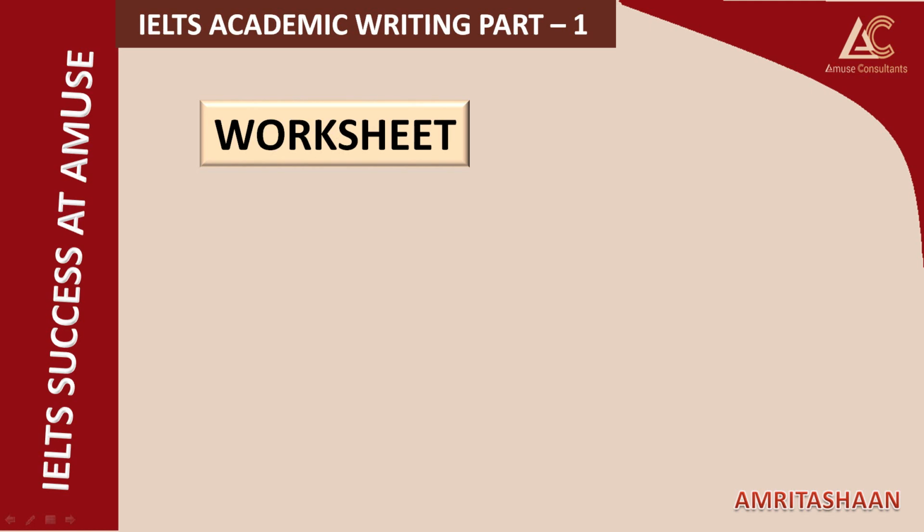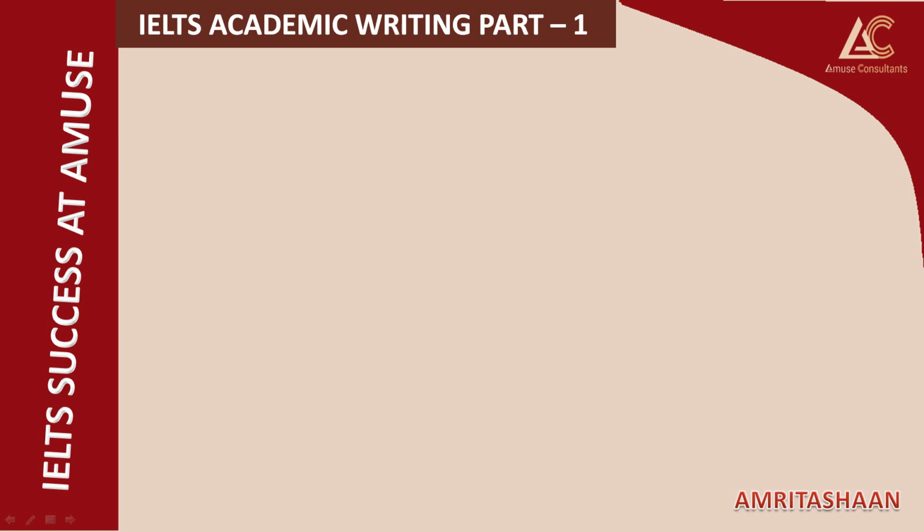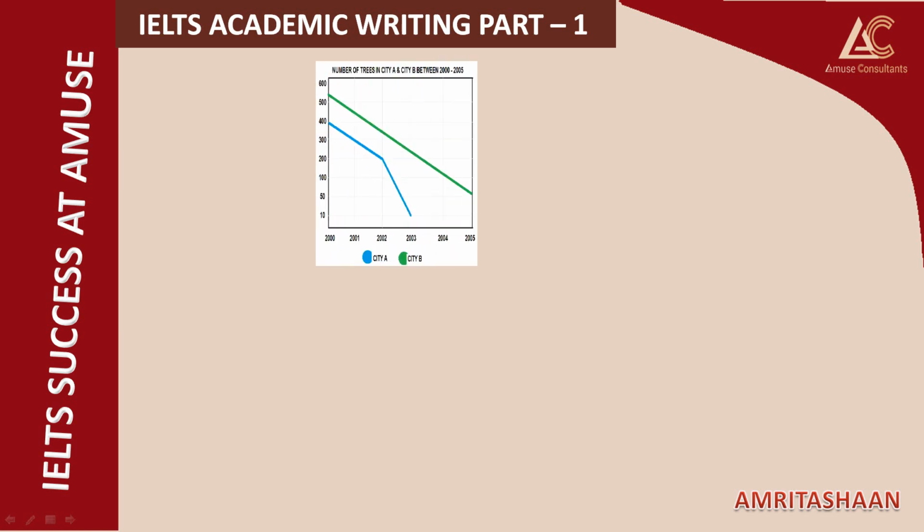Now time for the worksheet. There is an exercise for you on the next slide to evaluate your understanding of the decreasing trend that you have learned presently. Fill in the blanks with the best vocabulary that you have learned today and win 5 stars for your right answers.